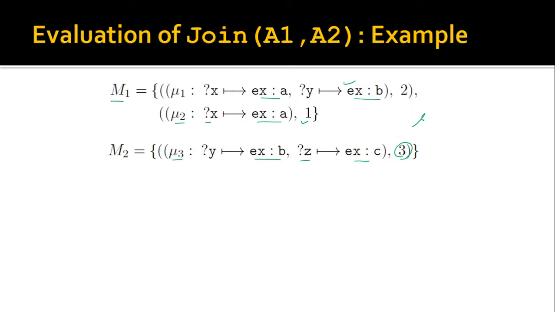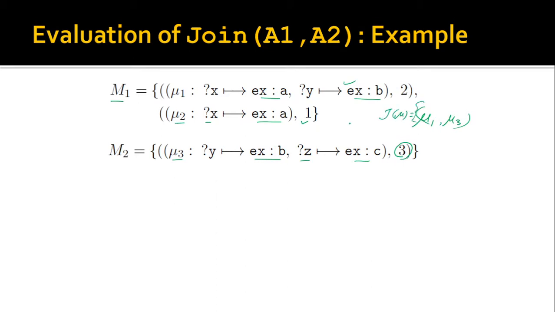So if we take mu1 mu3, we have got x instantiated with A, y instantiated with B, and here y is instantiated with B and z is instantiated with C. So you see that we have a common variable in the intersection of the domain of mu1 and the domain of mu3, and this is instantiated with B. So these two are compatible. So this will be included in my set of mu, right?